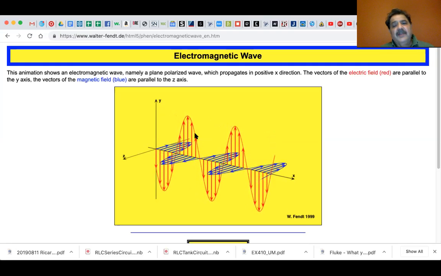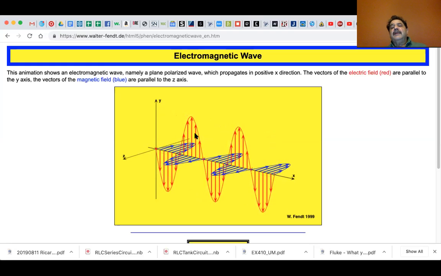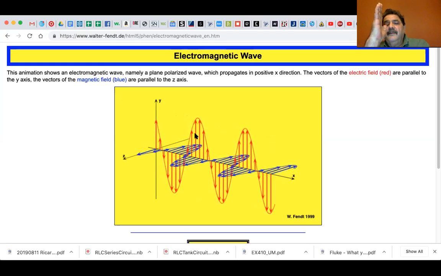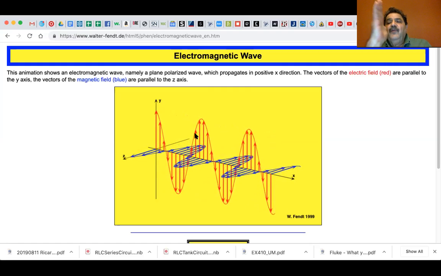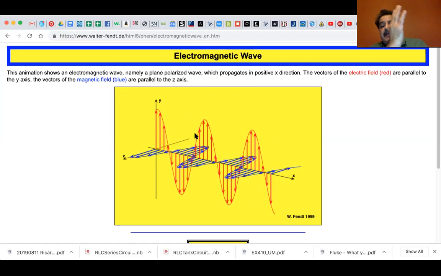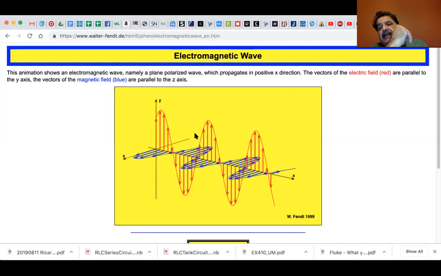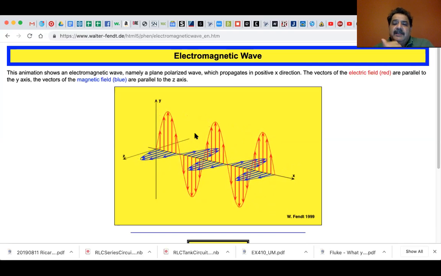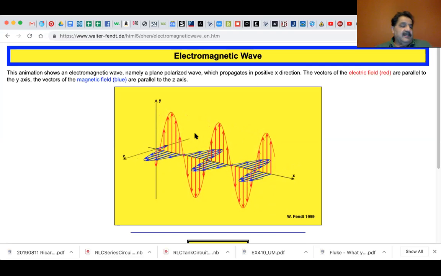So there's another right-hand rule. If you take any of these upgoing E fields, the red, and you curl your hand into the magnetic field, your thumb is in the direction of propagation. So that's another right-hand rule.